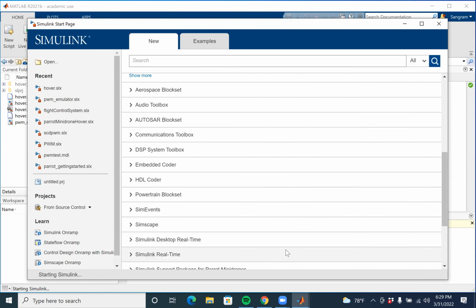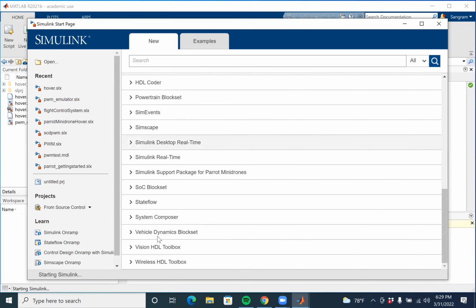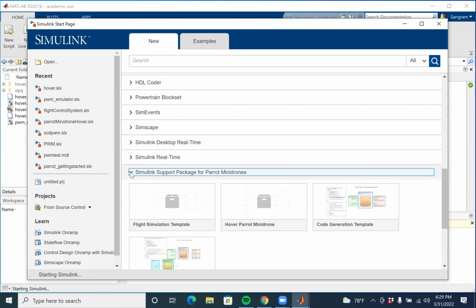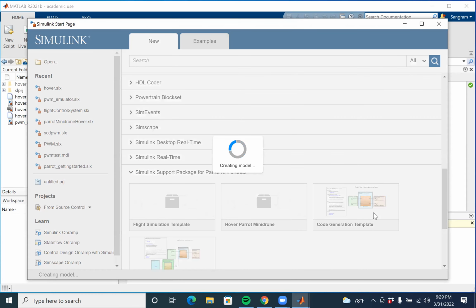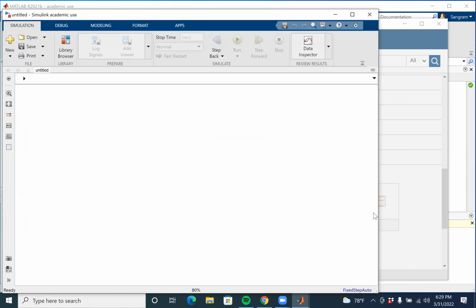In Simulink, go to the Simulink support package for Parrot mini drone. Now, to be honest with you, you can use any of these templates. You can use the flight simulation template, or you can use the code generation template. So let me just use the code generation template. It will create this model.